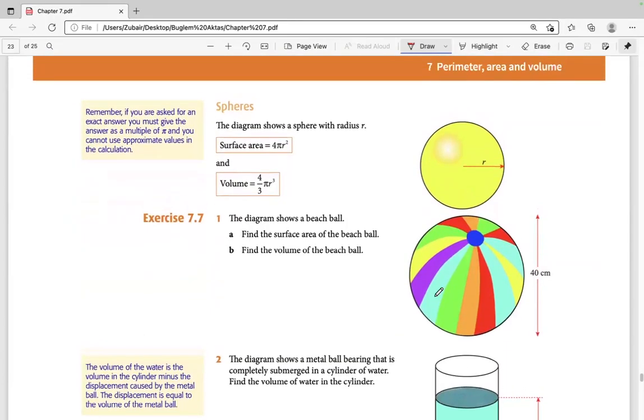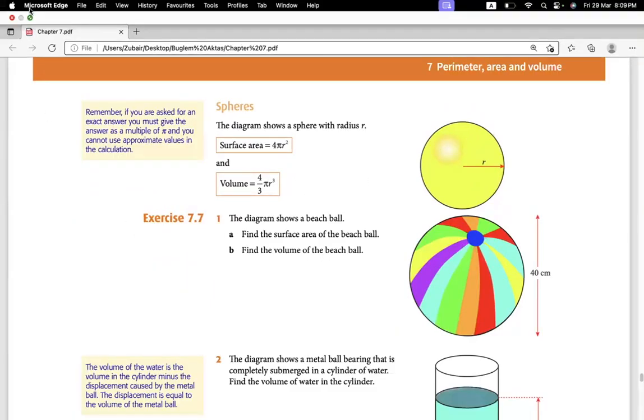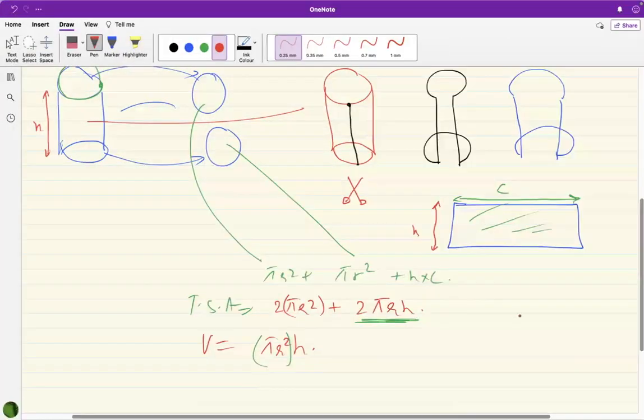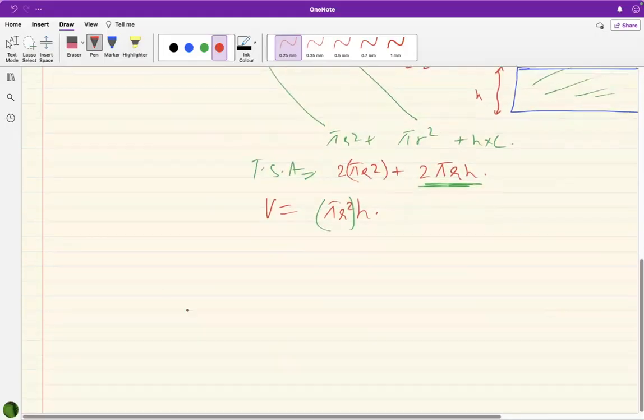Okay, so we're adding shapes, and when we add a shape, let me write it here as a summary. A cone: total surface area and volume.